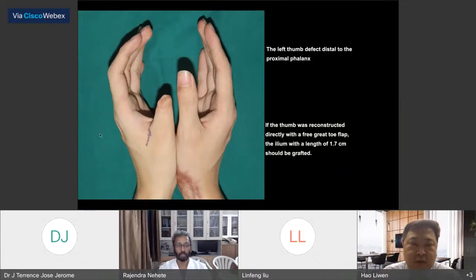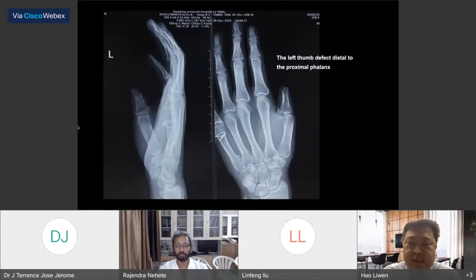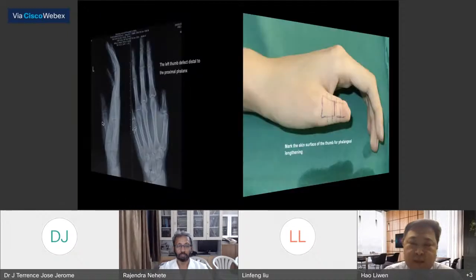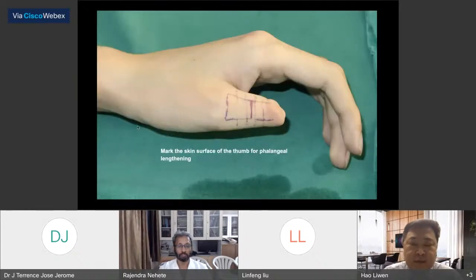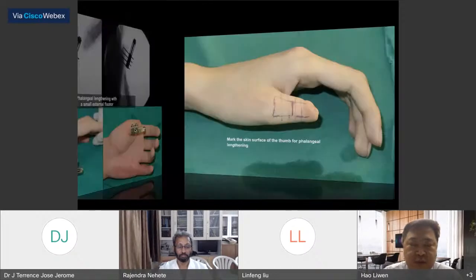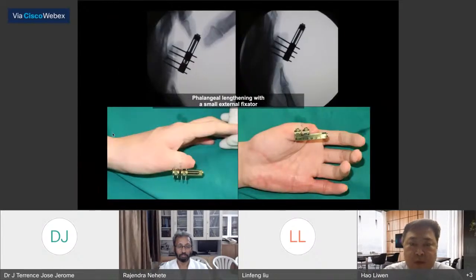So we lengthen the thumb in the first stage. This is the pre-operation view of the thumb, this is the design of the first stage operation, and this is the method of the first stage operation.